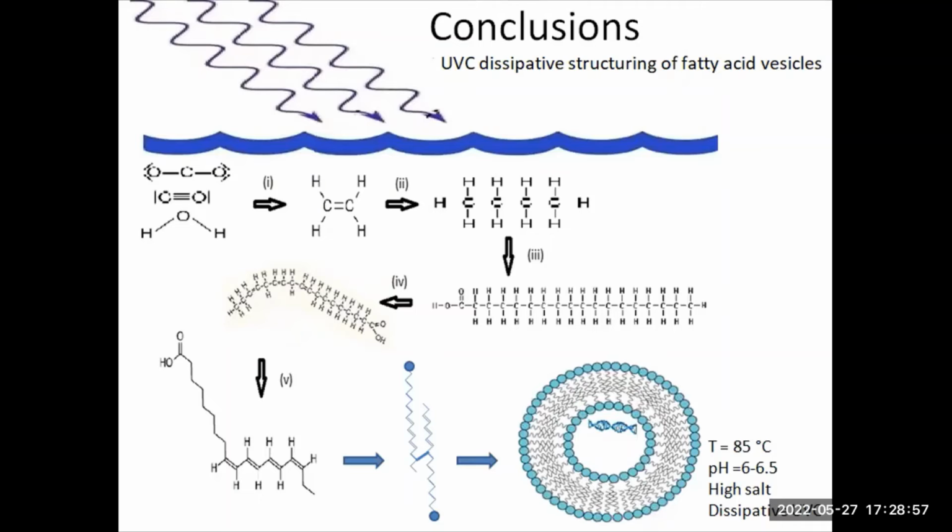So in conclusion then, we have a UVC dissipative structuring of fatty acid vesicles in water which is saturated with carbon dioxide or carbon monoxide. Under this UVC light, we can produce ethylene, and this ethylene, by removing a proton here, we make it into a radical, and then it can grow in size.